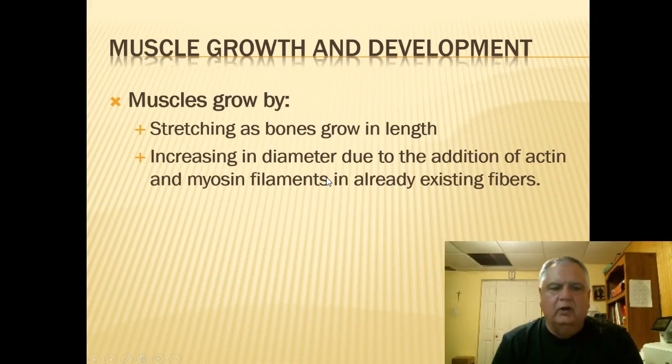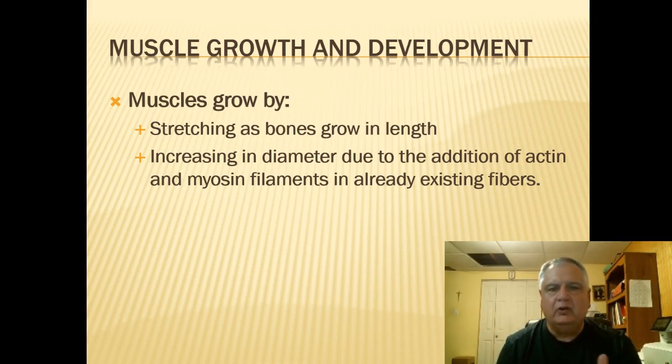But the other way that muscles grow is by increasing in diameter due to the addition of actin and myosin filaments that are already present in existing muscle fibers. So we're going to add more actin and myosin filaments to already existing fibers. One of the keys here is that muscles don't primarily grow by adding more fibers.